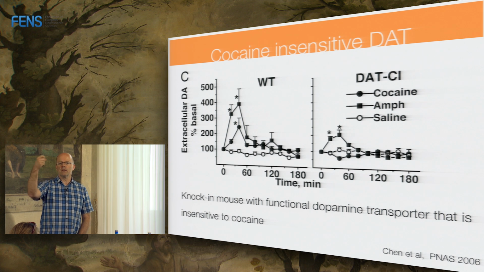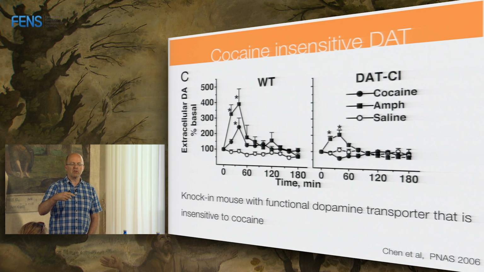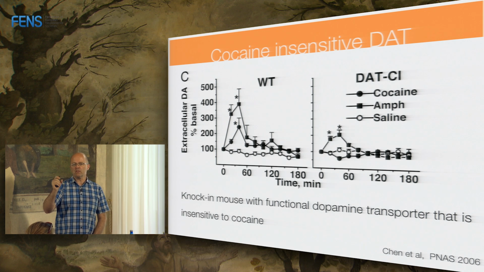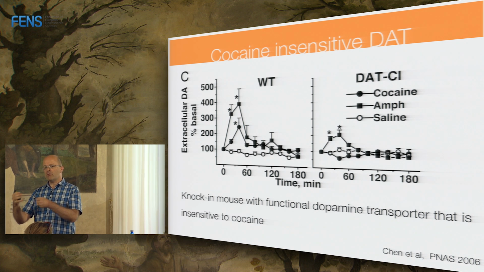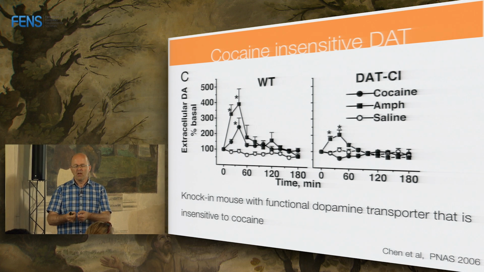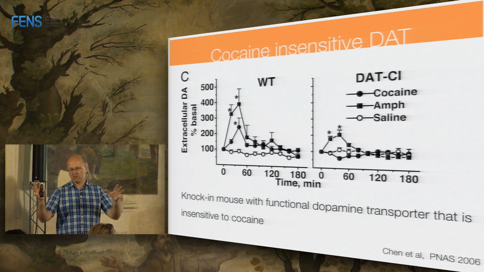So rather than taking out the dopamine transporter, they provided a knock-in of the dopamine transporter that could still transport dopamine, but has lost its binding site for cocaine. Right? So this is a much more subtle intervention, because all you do is you prevent cocaine from functioning, but you have a situation where the dopamine transporter is almost functional, right?